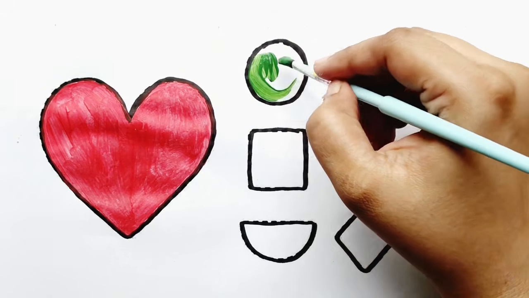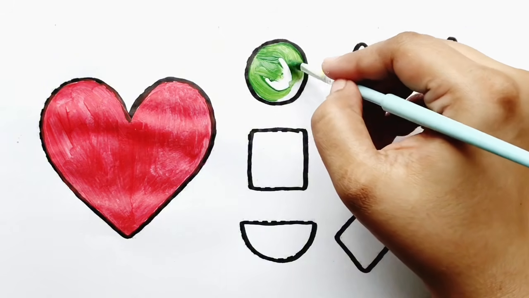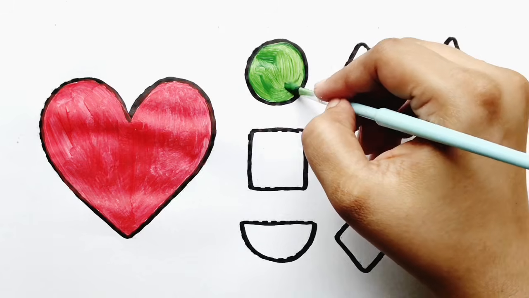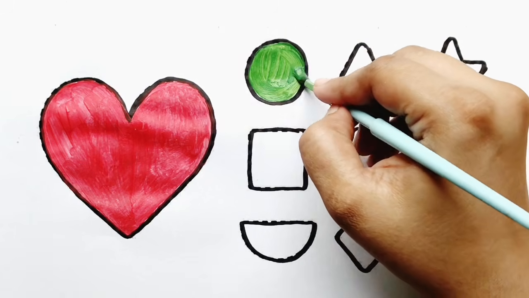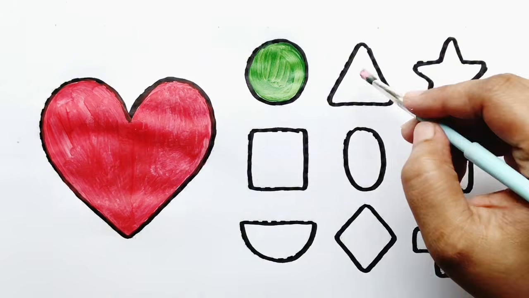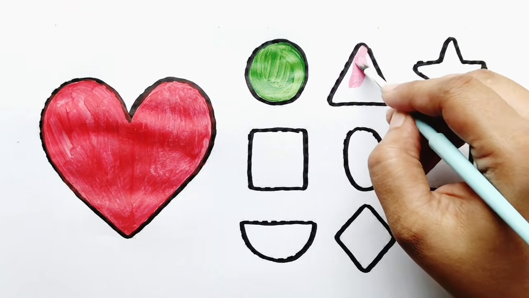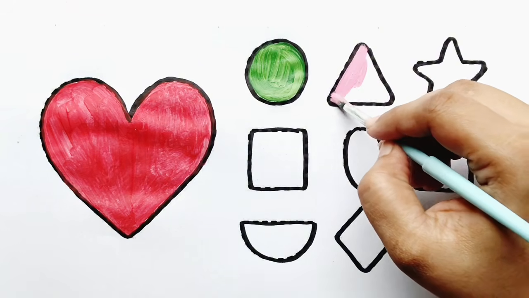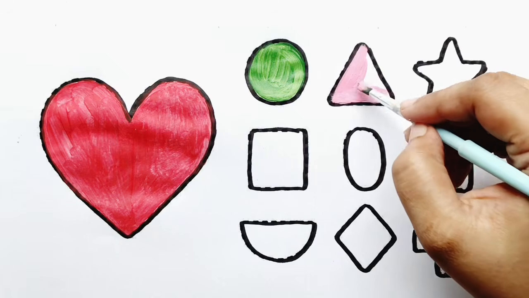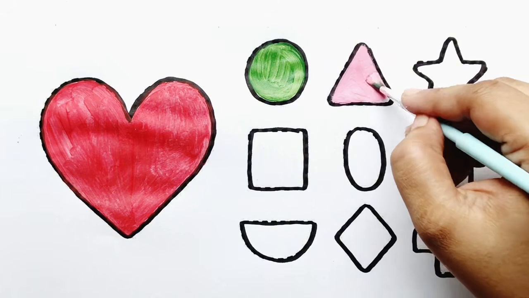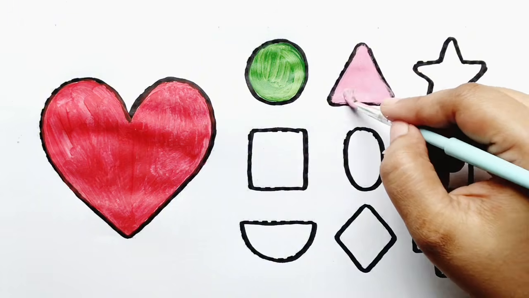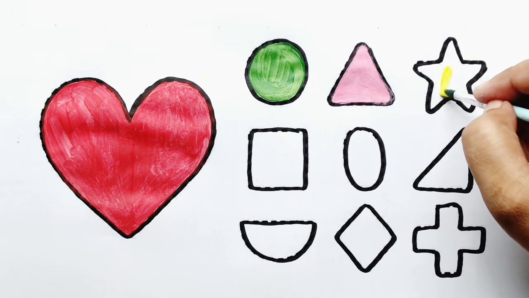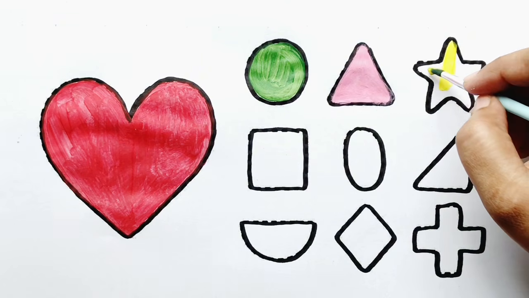This shape is circle. Light pink color. This shape is triangle. Yellow color. This shape is star.